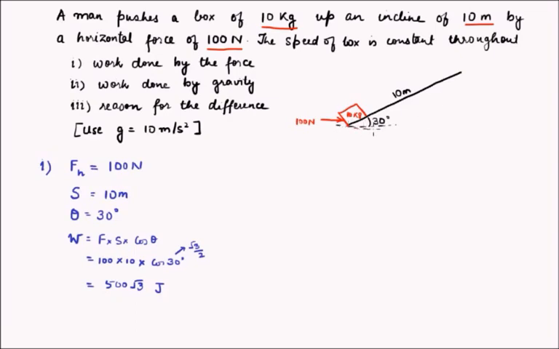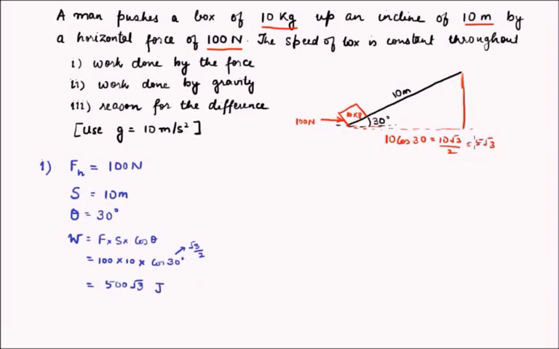So this is the horizontal and this is the vertical. If the hypotenuse is 10, then the horizontal distance will be 10 cos 30. That would come out to be 10 times root 3 by 2 or 5 root 3.